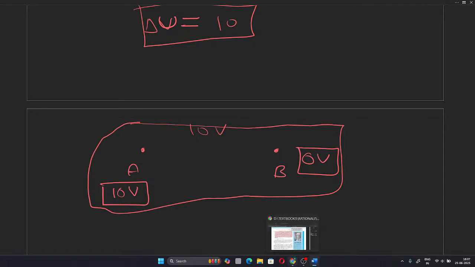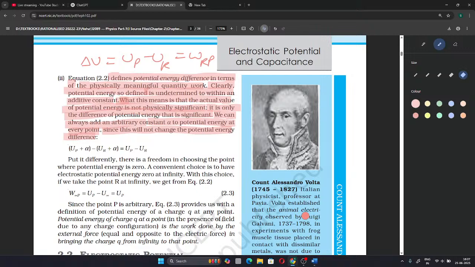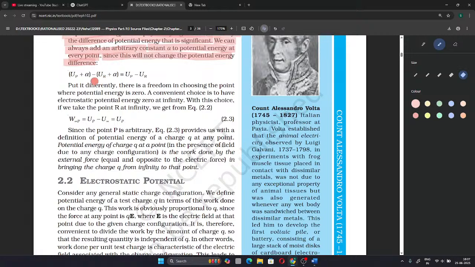That makes it easy for our calculations. When we can add a constant, we can also subtract a constant here. To put it differently, there is a freedom in choosing the point where potential energy is 0.